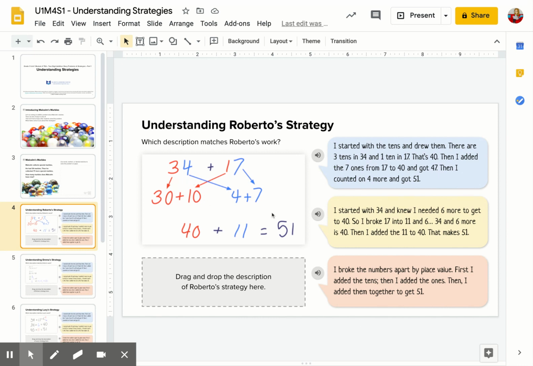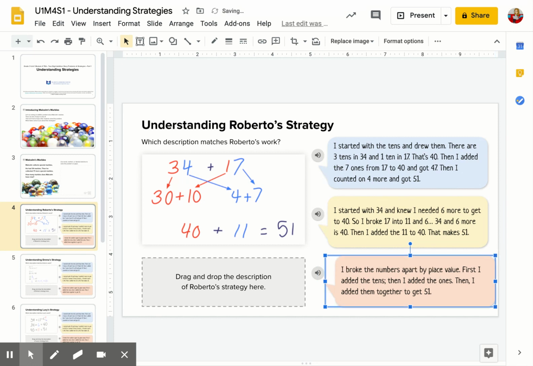Which one is the way that Roberto tried? Is it the blue one, the yellow one, or this weird salmon-y colored one? Listen to them or read them and try to figure out which one goes with this problem, and then drag whichever one you think it is over to the spot right here. And you're going to actually do that for the next couple slides.